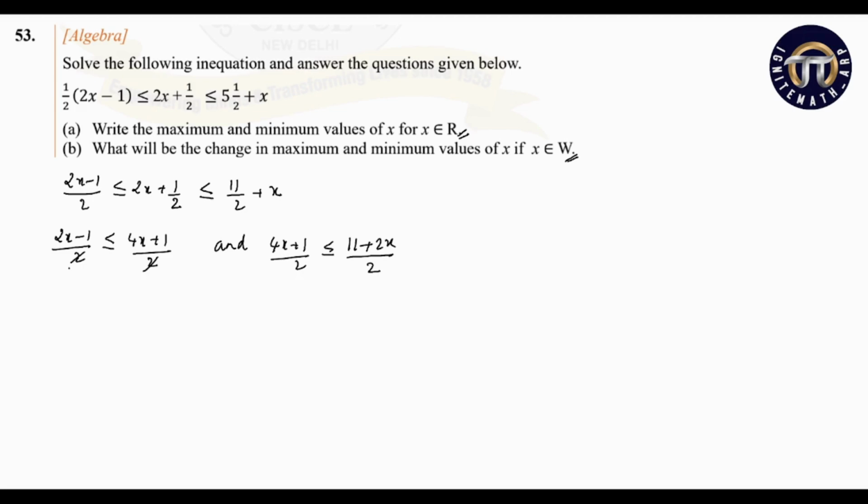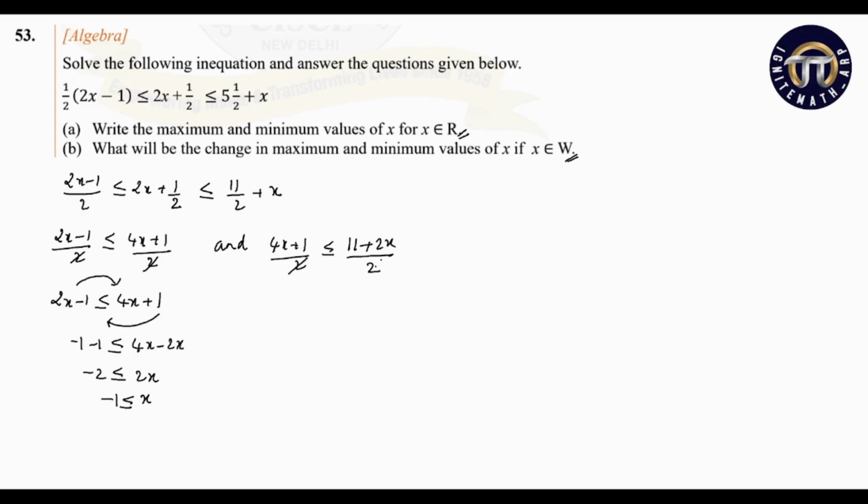So here 2 will get cancelled. I'll be left with 2x minus 1 smaller than or equal to 4x plus 1. Then 2x goes over here and 1 comes over here. I get minus 1 smaller than or equal to 4x minus 2x. So minus 2 smaller than or equal to 2x, that means x is greater than or equal to minus 1.